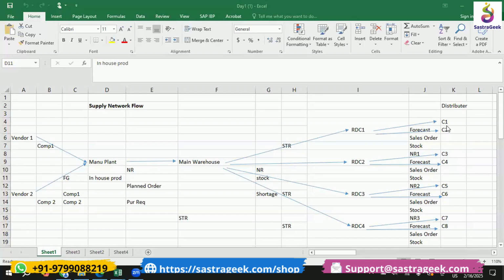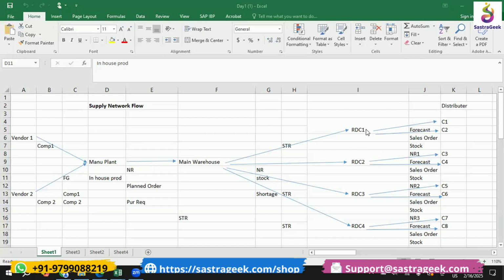So in this case, let's take an example. You have C1 to C8 customers tagged to your organization. Each individual customer, which is a distributor here, would be tagged to a location nearby, in their vicinity. Take an example here. We have a distribution center in the eastern part of India.